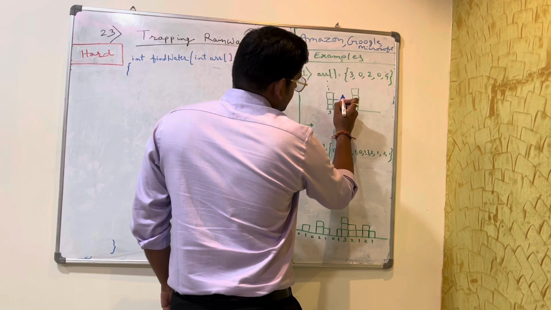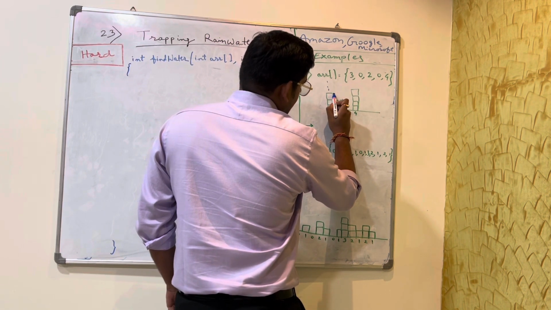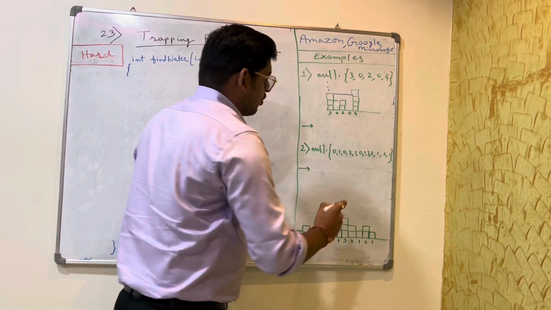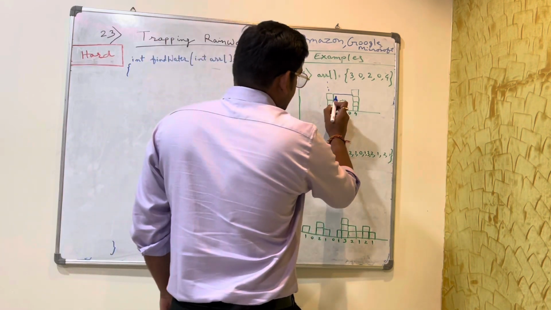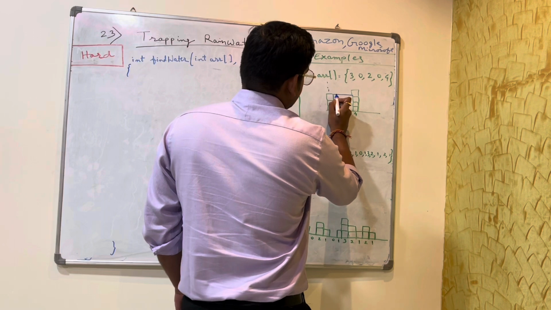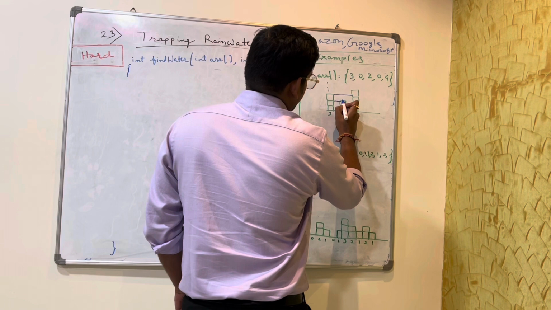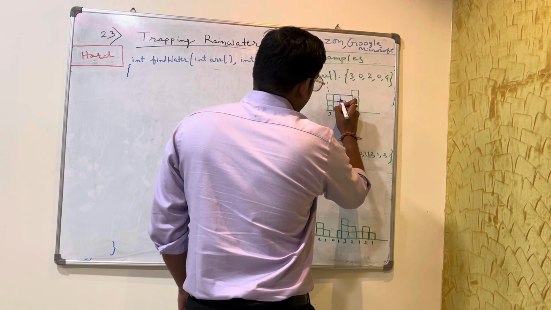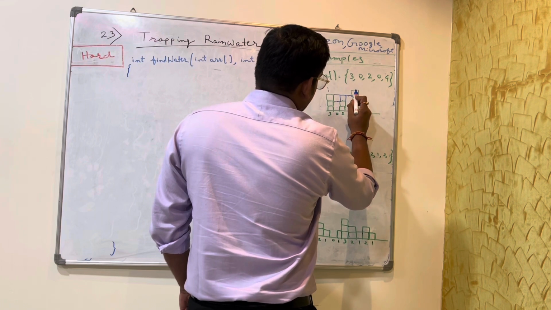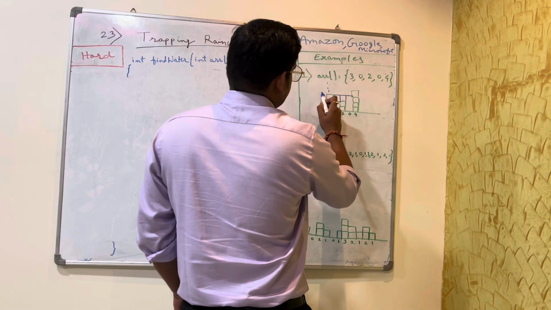Since this length is 4, it can actually contain this much, because if it crosses this length, it will fall over here. But this itself can contain this much water and this can contain this much water. If it goes beyond this, then it will fall on this side.